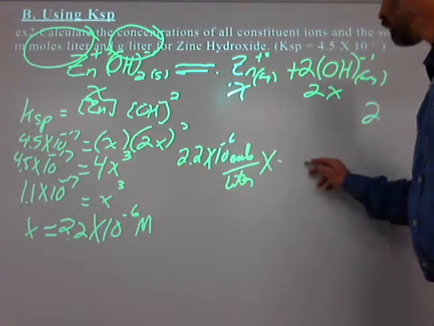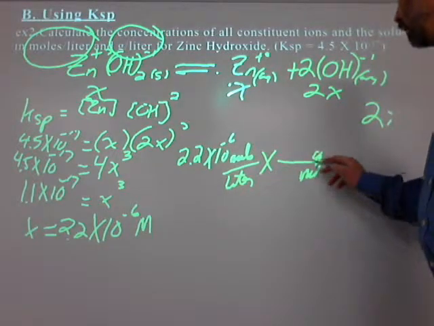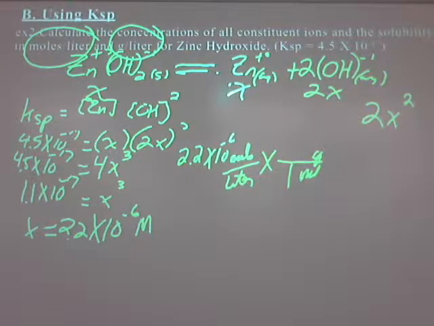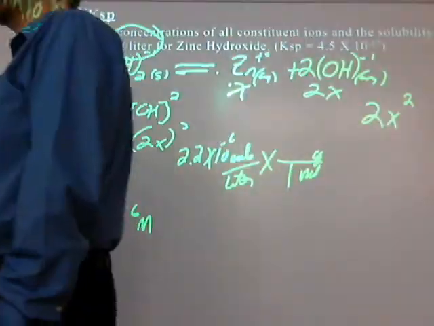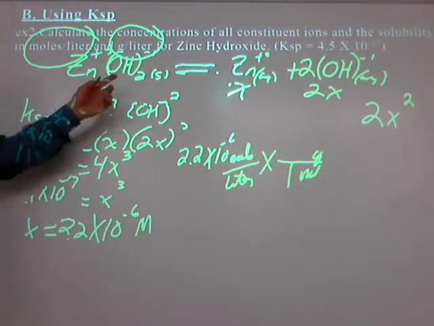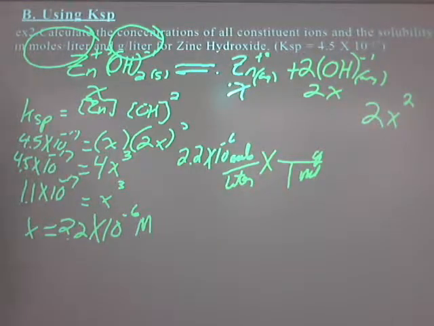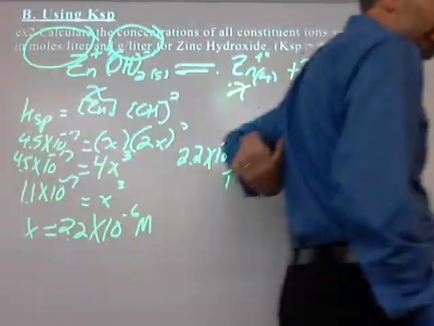All I have to do is moles in the bottom, grams in the top, 1 mole contains. And what am I going to use for this mass, though? I'm going to use the mass of zinc hydroxide, which would be 1 zinc, 2 O's, and 2 H's. So find the molar mass of that. That's what goes in the top.